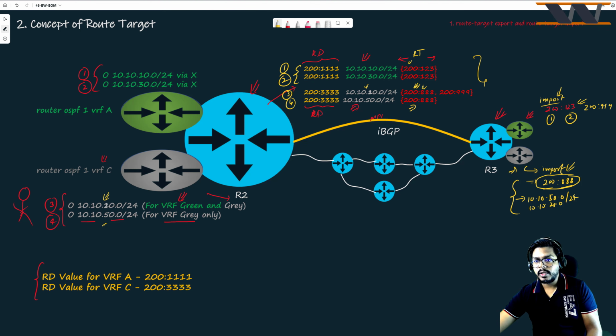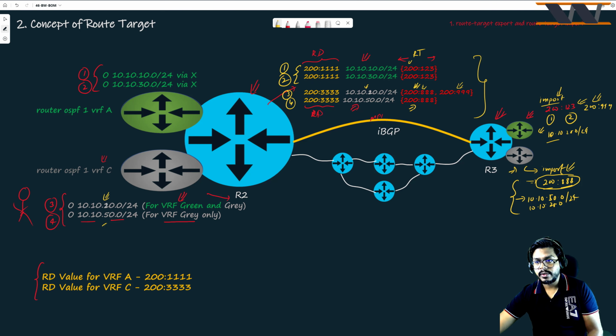Out of all the routes we are carrying in R3, we will check where exactly 200:999 is prepended, or attached. And there is only one route that satisfies this condition, which is 10.10.20.0. And that is why I will be receiving this 10.10.20.0/24 in the green VRF on the basis of this RT value, right?